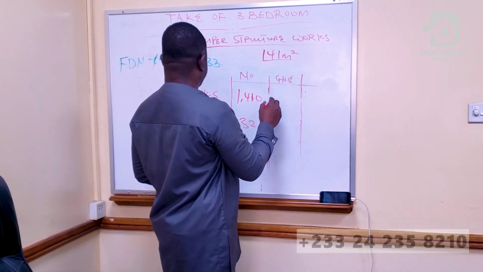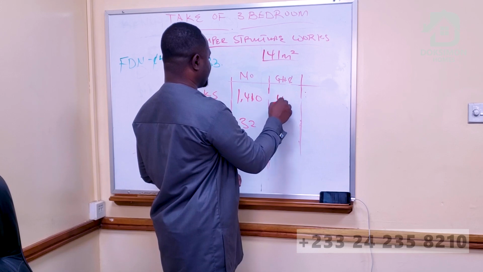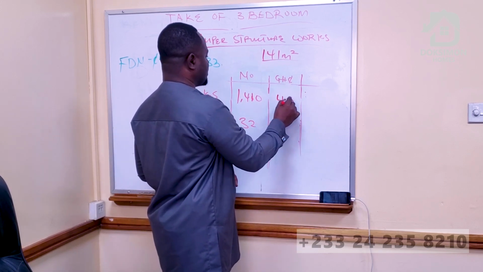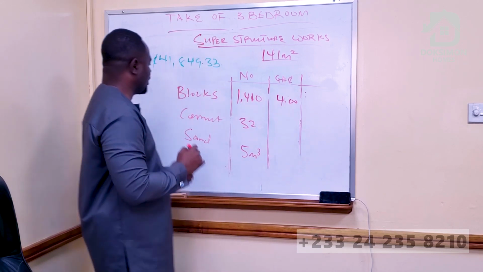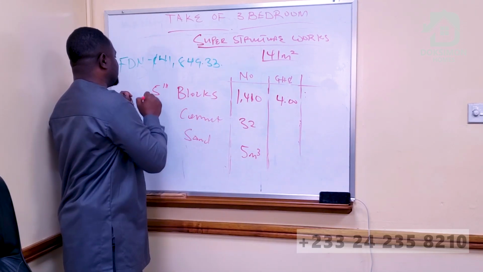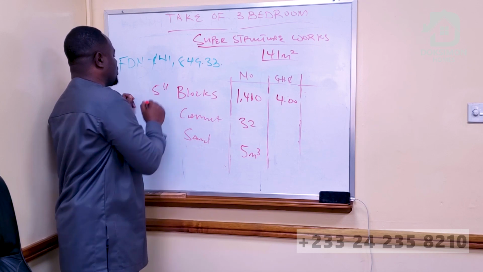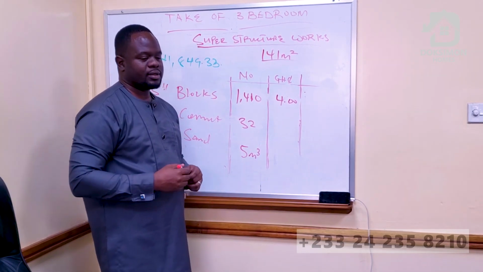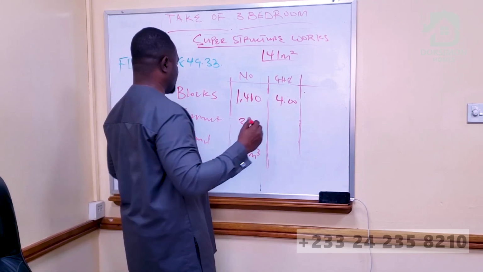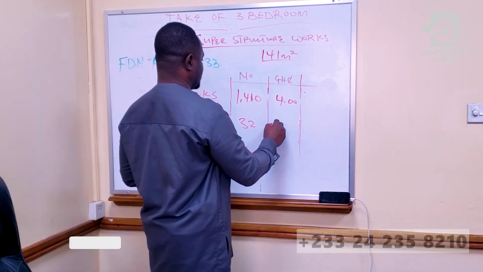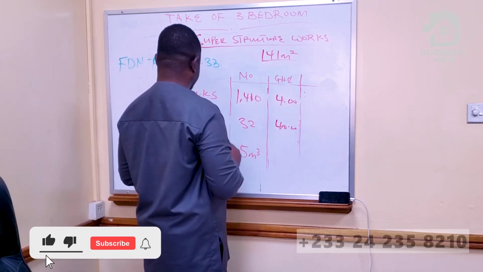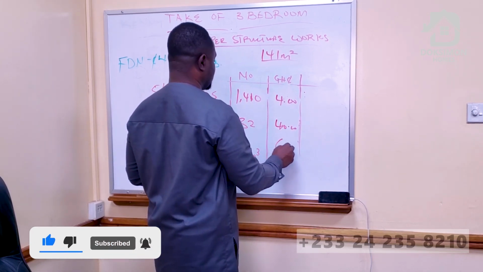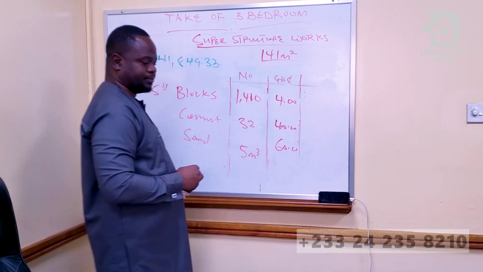The price for our blocks is 4 cedis. Remember, these are 5 inch blocks. The first one was 6 inch blocks and might vary at any point in time. We also have our cement, 40 Ghana cedi. We have our sand, which is 60 Ghana cedis.